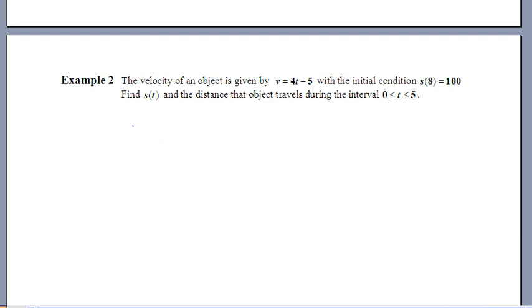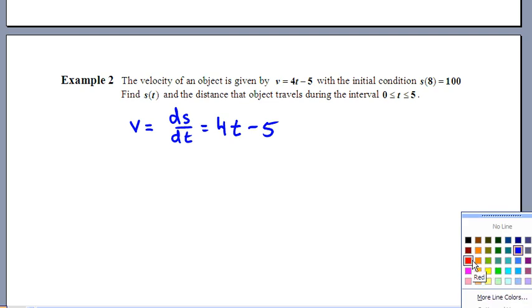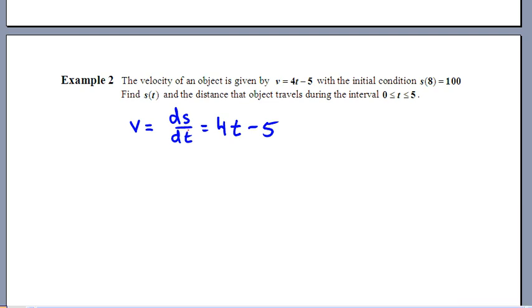So they're telling me that velocity, which is actually the first derivative of s, is equal to 4t minus 5. Now here's what makes this question so nice. We're going to look at ones like this today. This lower variable here is the independent variable, and it looks like it's t.